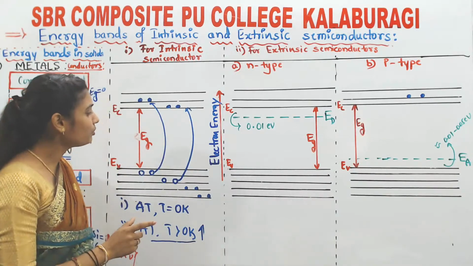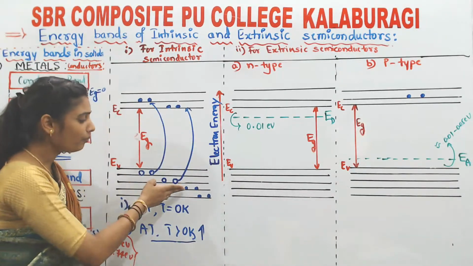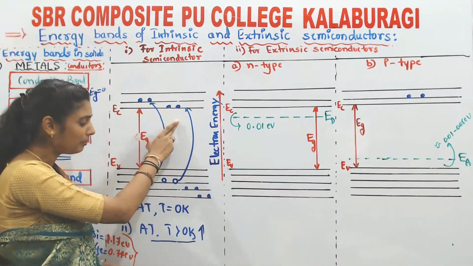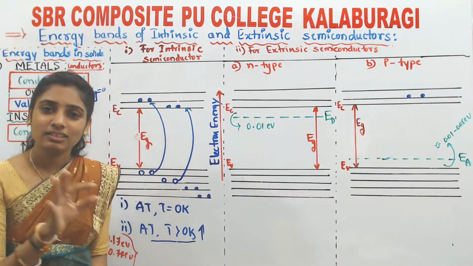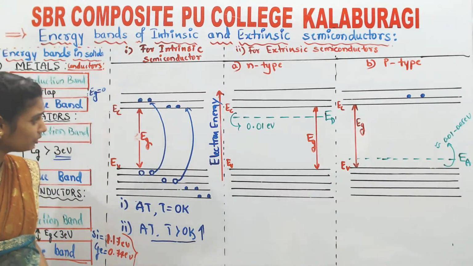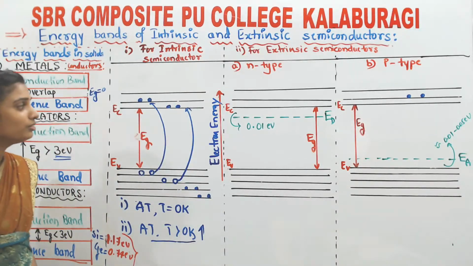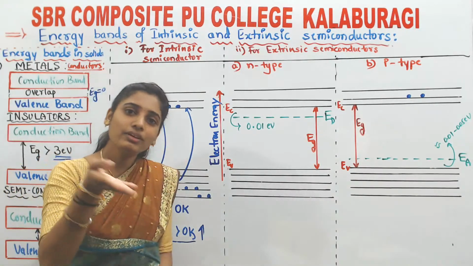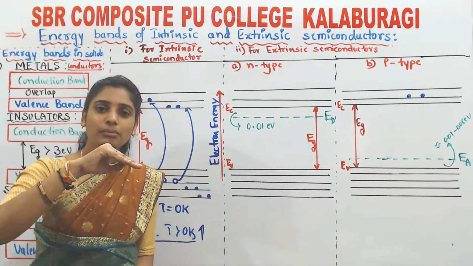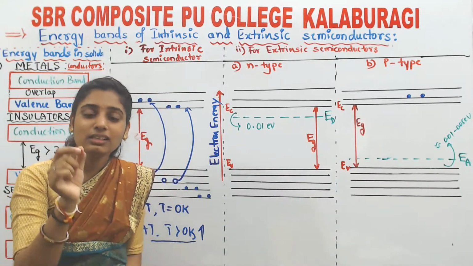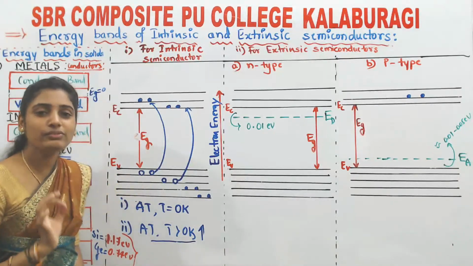One more thing to observe: however many electrons jump to the conduction band, that many holes are created in the valence band. So the number of electrons in the conduction band equals the number of holes in the valence band.